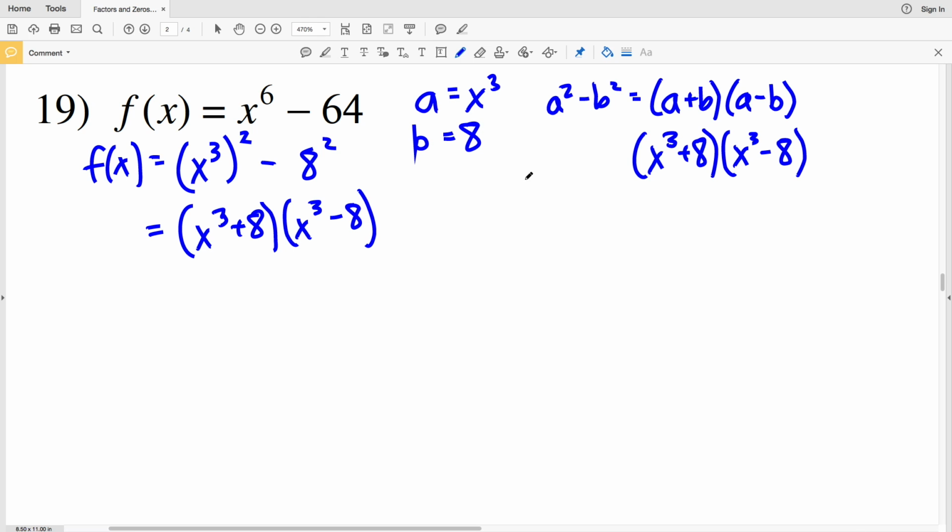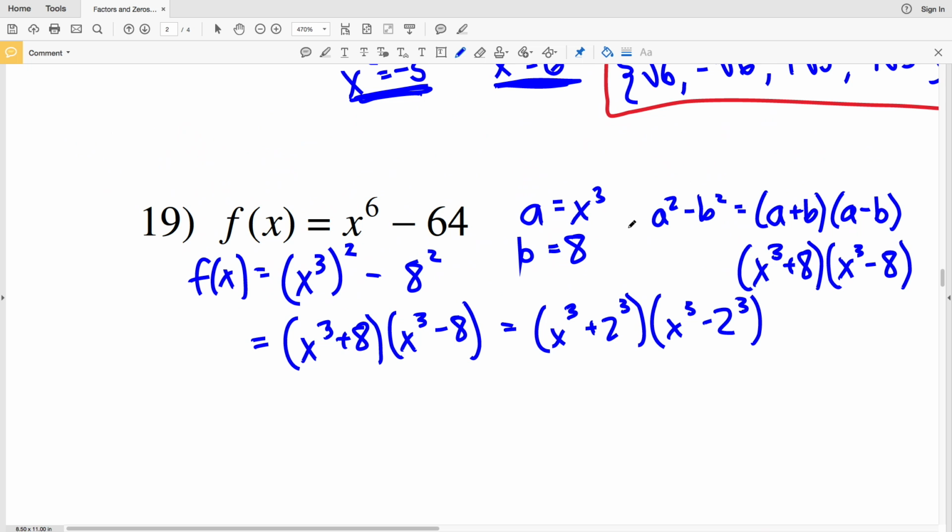Now we can go even further with this, because x cubed plus 8 and x cubed minus 8 can be written as the sum of cubes and the difference of cubes. So we can rewrite them as x cubed plus 2 cubed, since 2 cubed is 8, and x cubed minus 2 cubed, since 2 cubed, again, is 8.